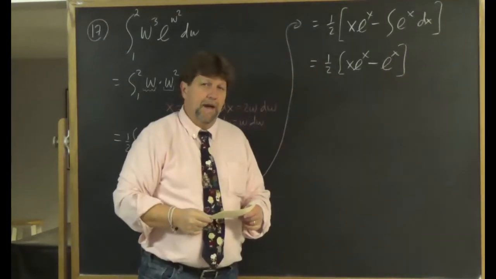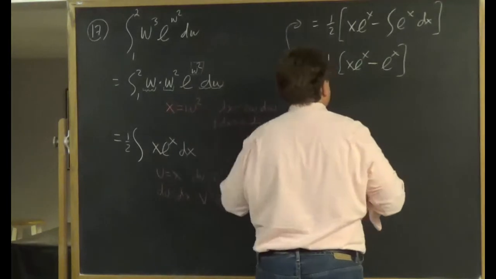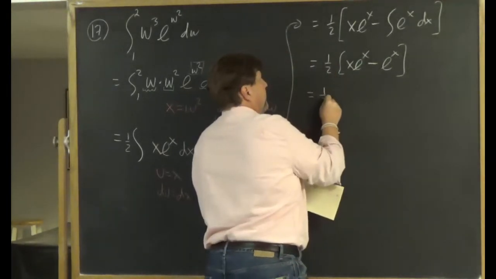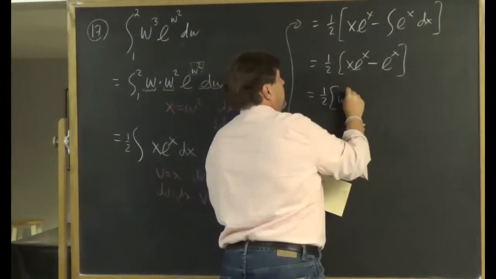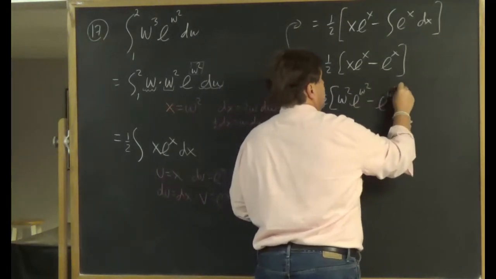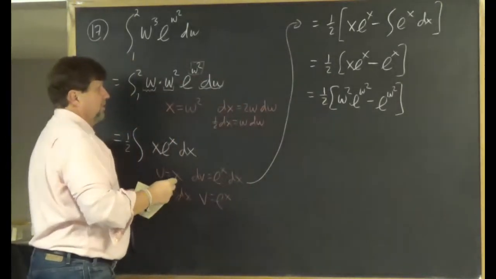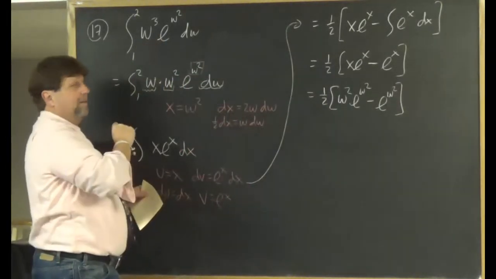That wasn't too bad. Now I resubstitute for my x. x is w squared. So I have 1/2 w squared e to the w squared minus e to the w squared.